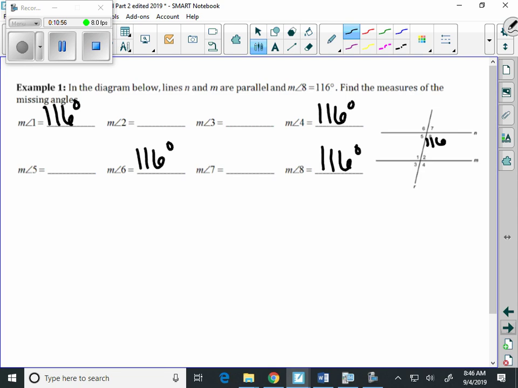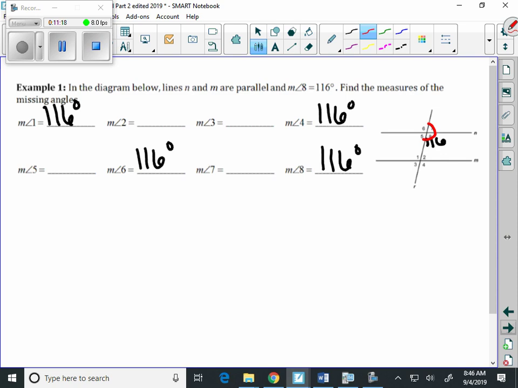And we can go back and maybe use our linear pair idea. Our linear pair idea says that if we add those two together, we have 180 degrees. We have supplementary angles. So, 7 and 8.